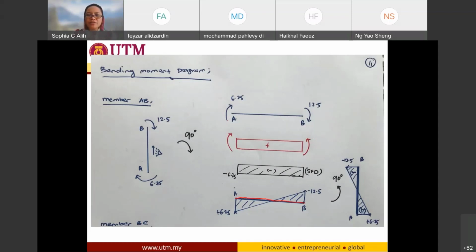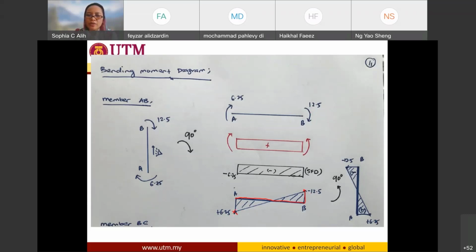And be very careful for bending moment diagram. The positive moment is going to be on the bottom side of the diagram, so this is going to be positive 6.25, and this one has to be pointing upward, but this one pointing downward, so this one is negative. So negative 12.5 towards the upper part of the diagram, so negative 12.5, positive 6.25.